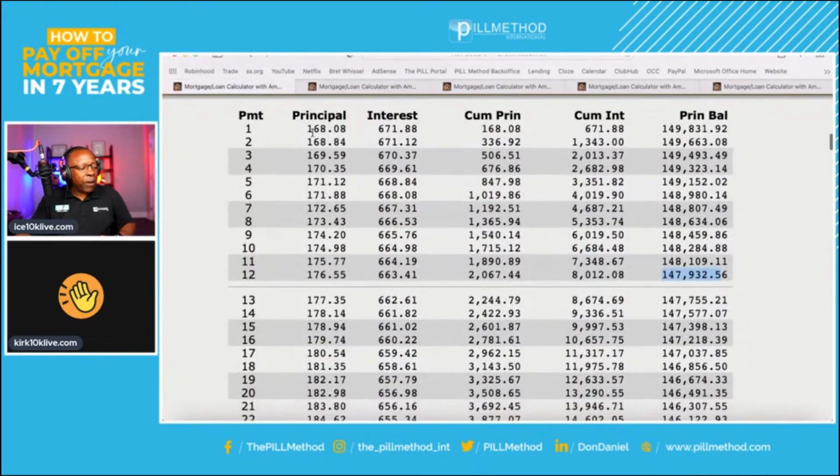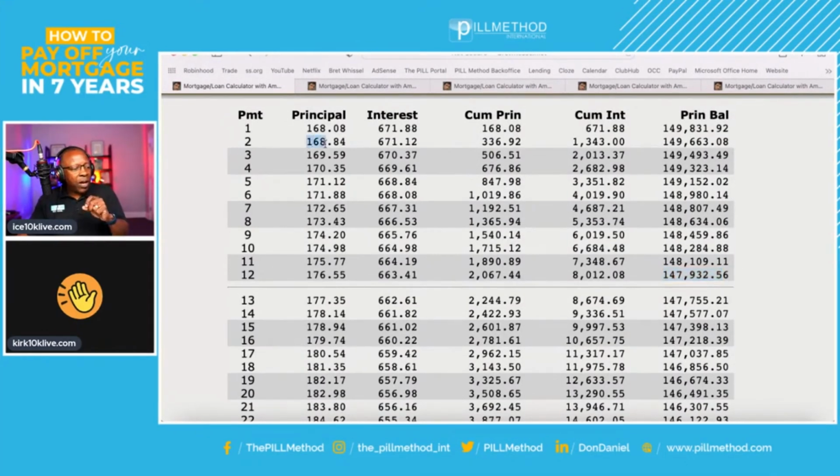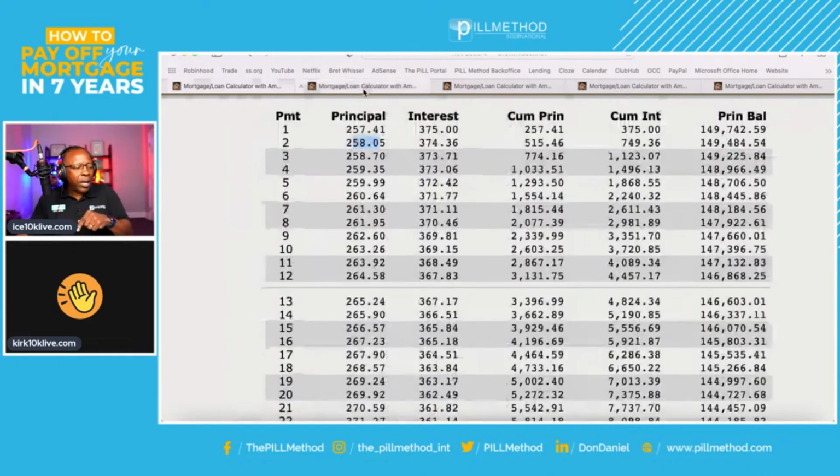Do you see? If I want to get rid of one payment at the higher interest rate, it only costs $168.84 to get rid of that payment. But at the lower interest rate, it takes $258 to do the same thing.